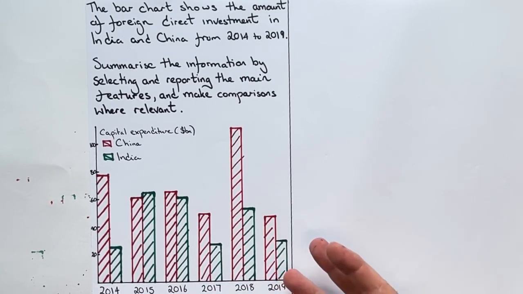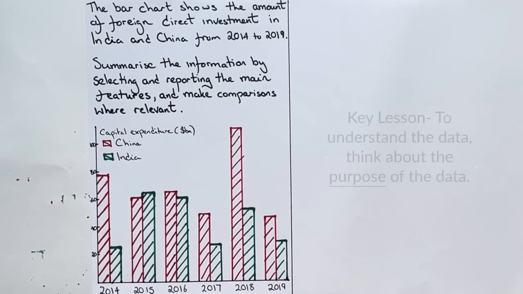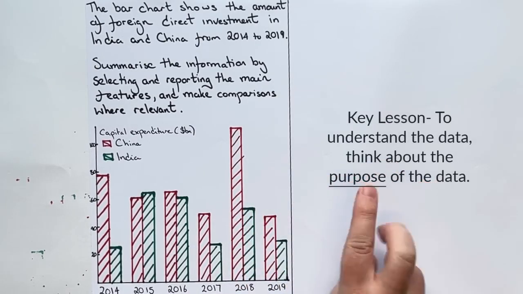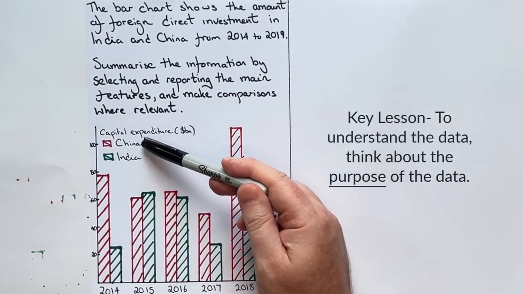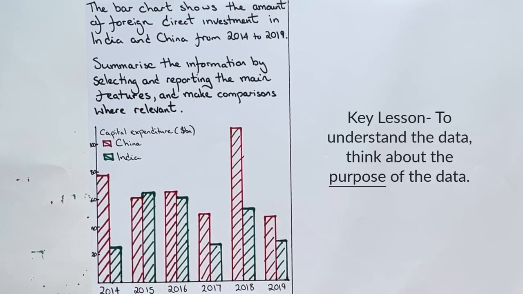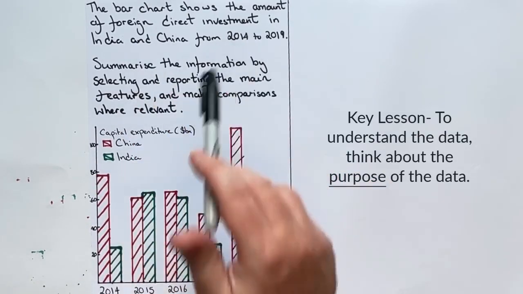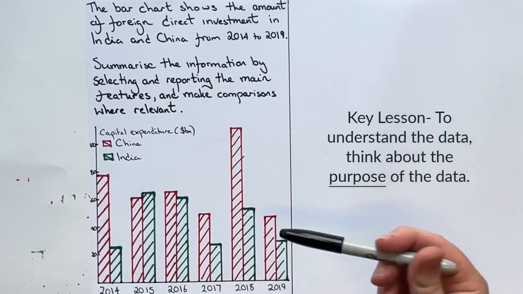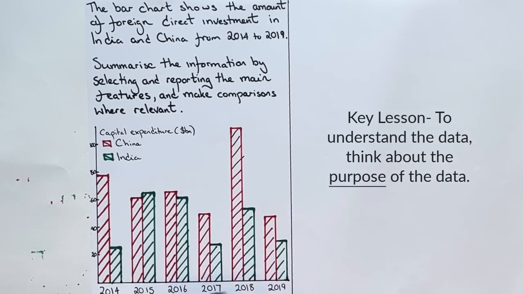What is the point of this data? Well, there are 2 points. Number 1 is to compare China and India so that people can look at this bar chart and understand the difference between China and India in terms of foreign direct investment. So that's the first purpose of this data.